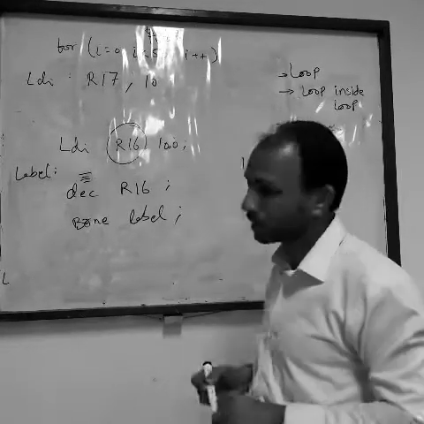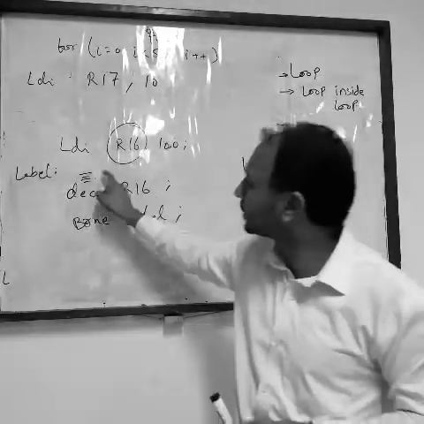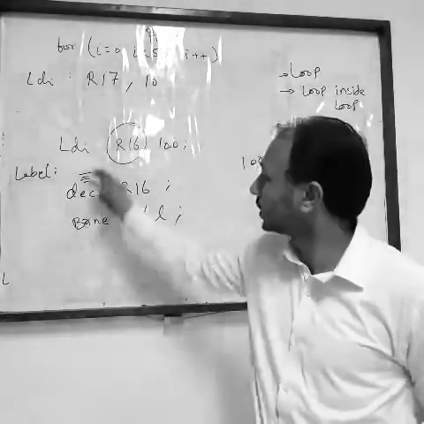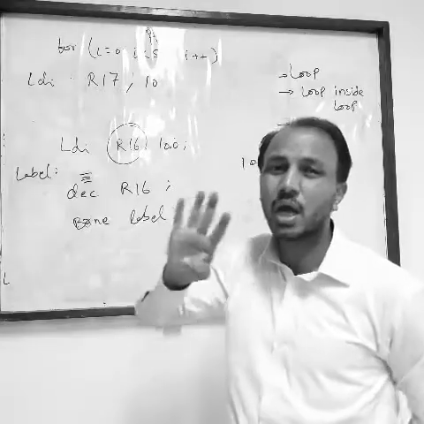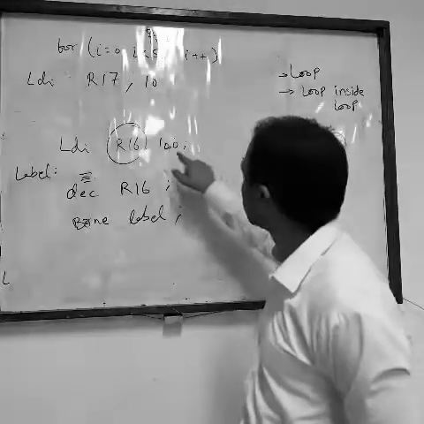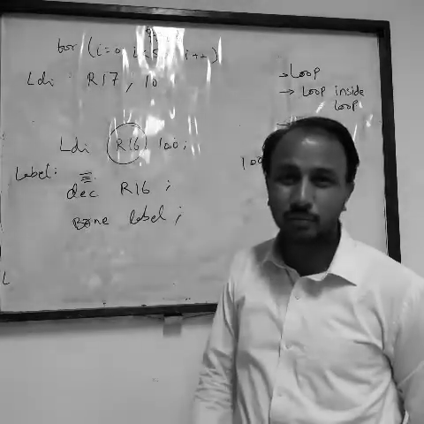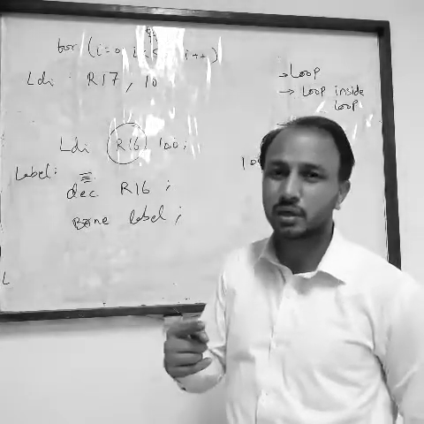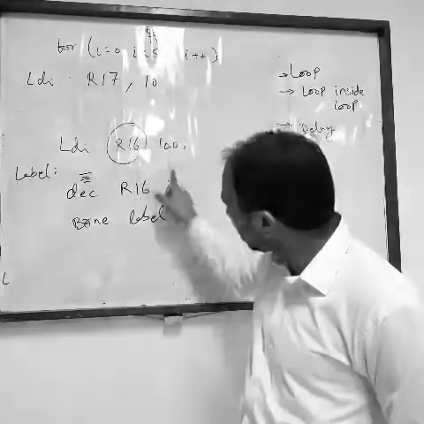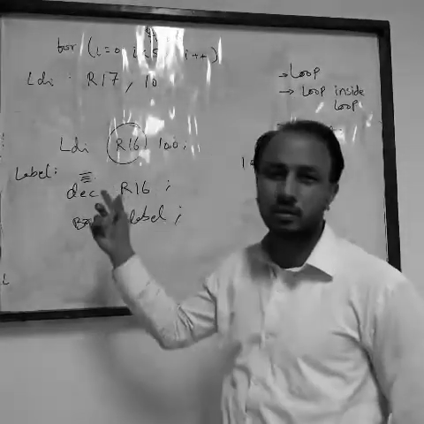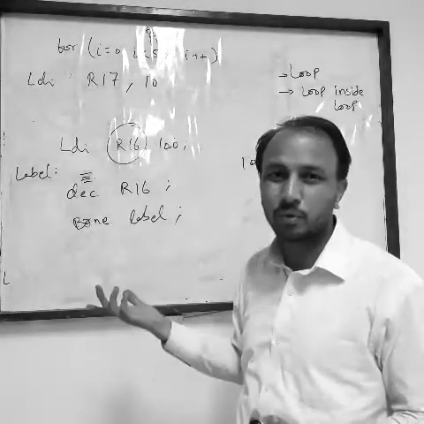Let's take an easy example. I want to run these 3 or 4 or 5 instructions 1000 times. So this loop will run 100 times. 100 times 10 is 1000. So if I run this loop again 10 times, my problem will get solved.